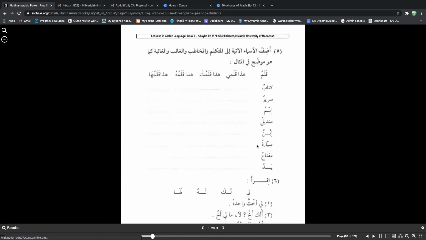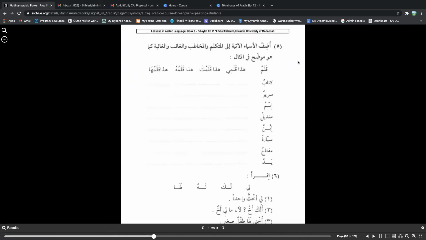Okay, the word idafa is the masdar, the verbal noun for this command form right here. Adaf. Adaf means add, join.